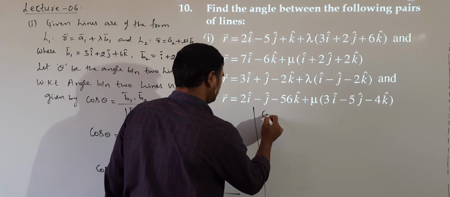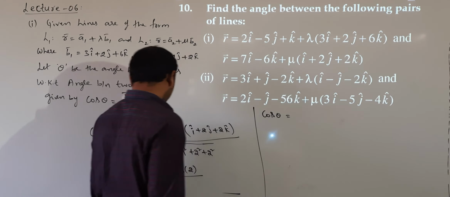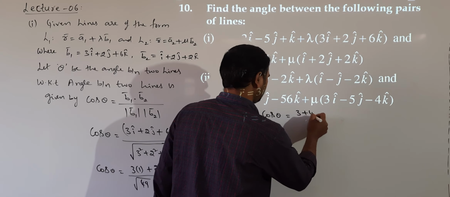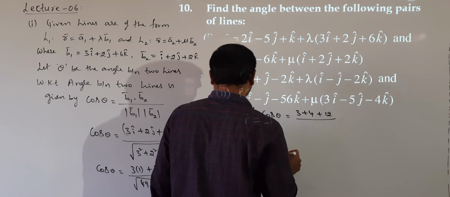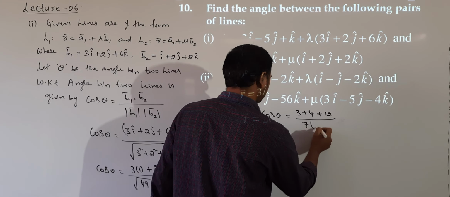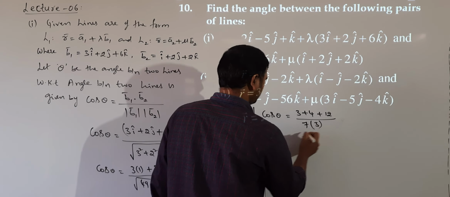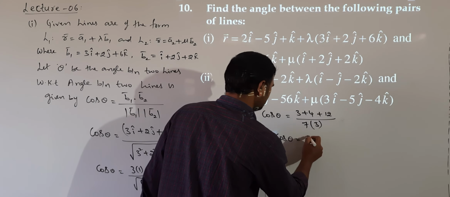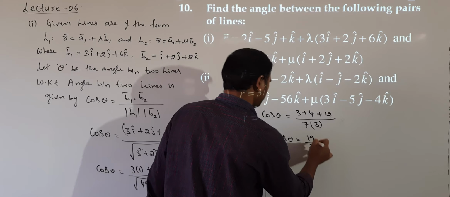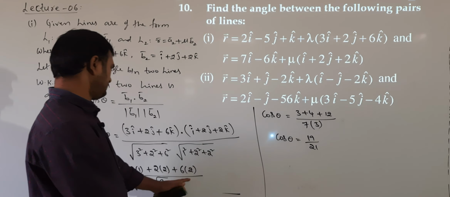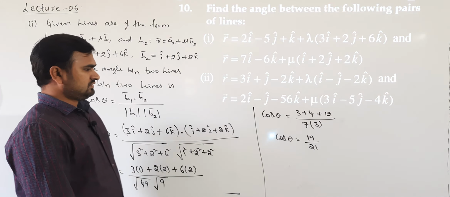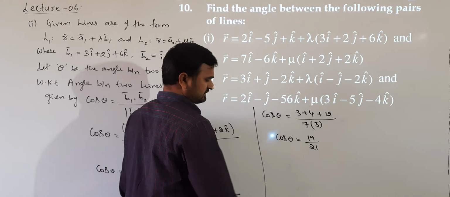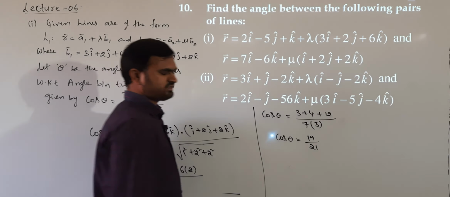So what is cos theta? We can write numerator is 3 plus 4 plus 12, denominator root 49 is 7 into root 9 is 3. So cos theta is 19 by 21.